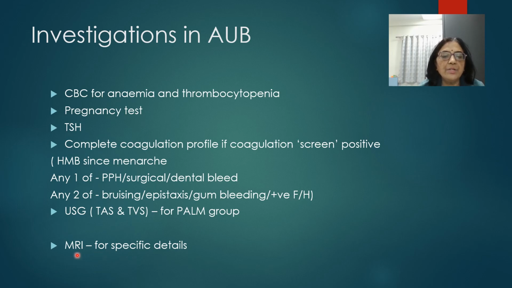Like all these indications, especially for adenomyosis, sometimes ultrasonography gives us sufficient indication, but for confirmation we can go for MRI. So MRI is not indicated in all cases. It is indicated for the specific details for specific patients.